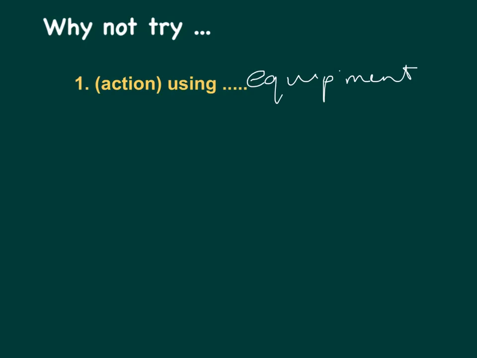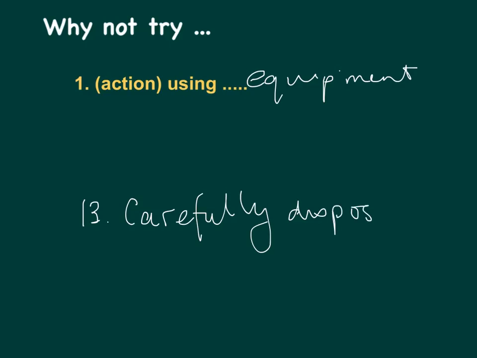Now, near the final one, we must remember to do something like this, and I'm just going to put a number 13 here, and I'm going to say carefully dispose of all waste materials.